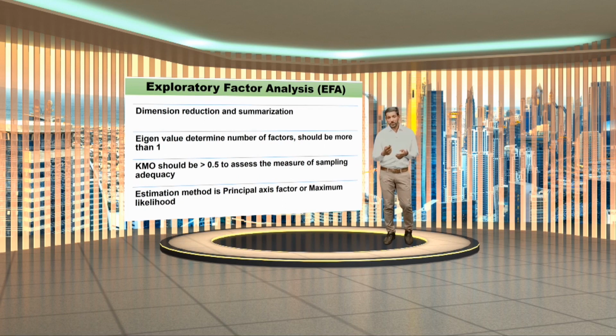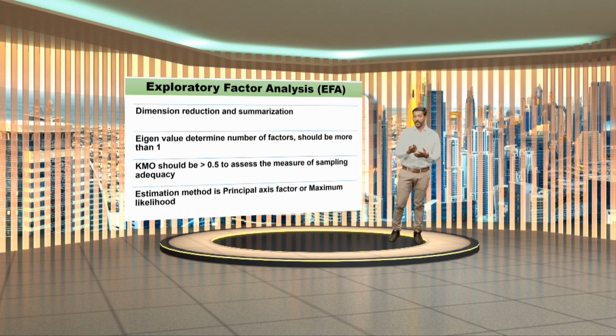Whenever I use this EFA model, most of the time, even if you have a sample of 500 or 200 or sometimes even below 50, we come across KMO more than 0.5. So in terms of measure of sampling adequacy, KMO may not really be doing a great job, but you can keep KMO as a rule of thumb to ensure the measure of sampling adequacy.